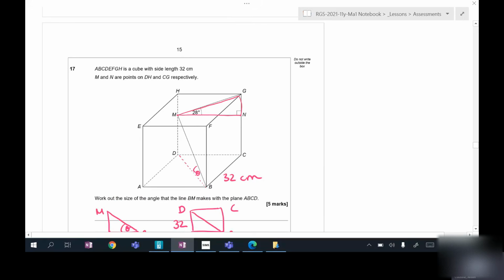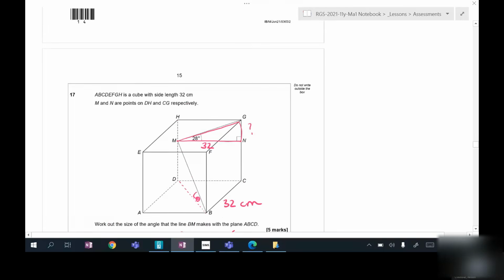Okay, which I can use to work out G to N. So M to N, remember, is the whole side of the cube, so that'll be 32. So if I'm trying to find out G to N, I've got the opposite side and the adjacent side.